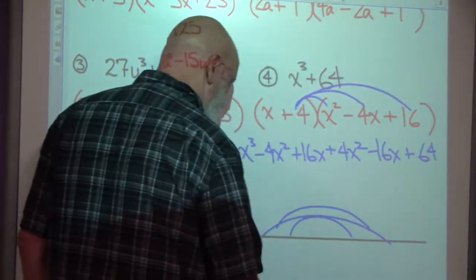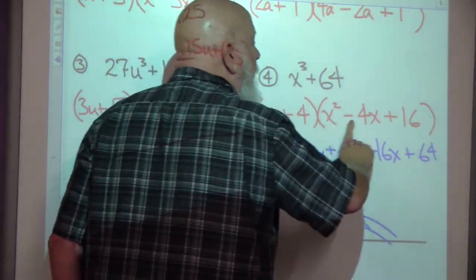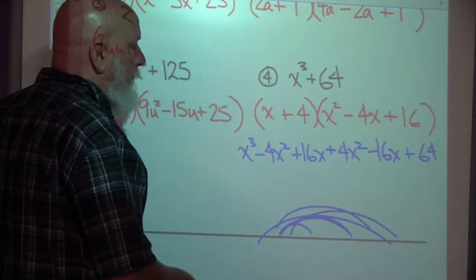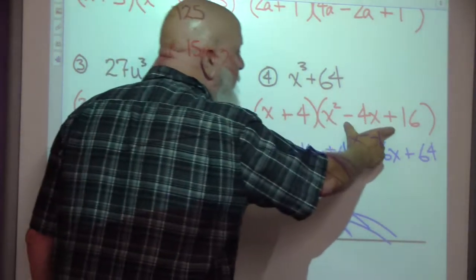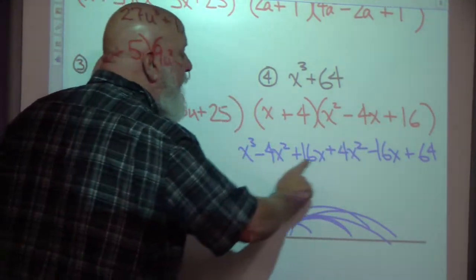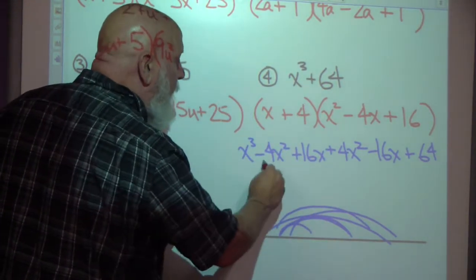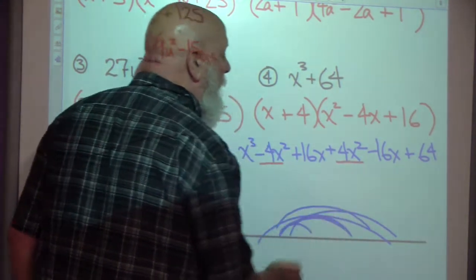Okay, so I have multiplied these two, a binomial times a trinomial, these two quantities. I've multiplied them together, and I've gotten this. And I should have gotten this. Well, let's take a look at these. Negative 4x squared plus 4x squared.